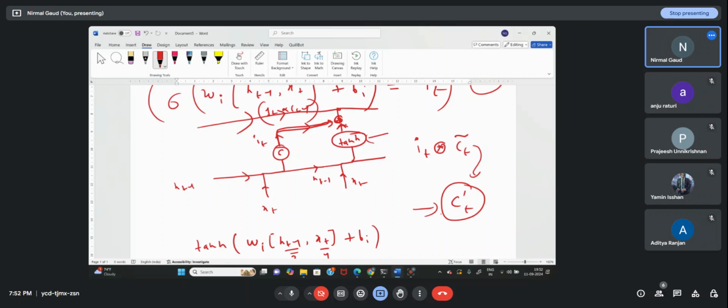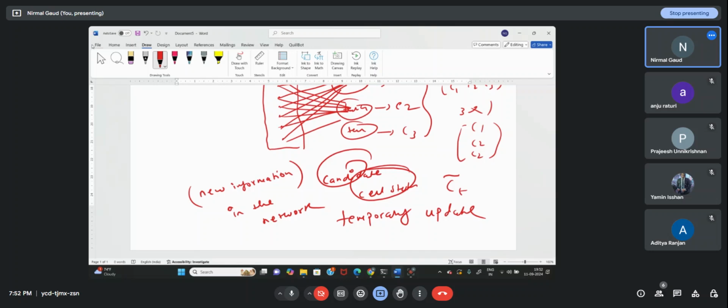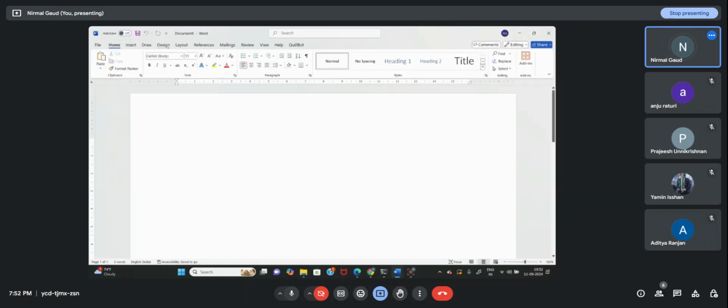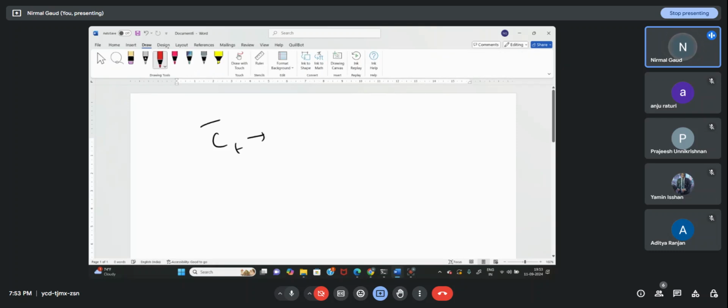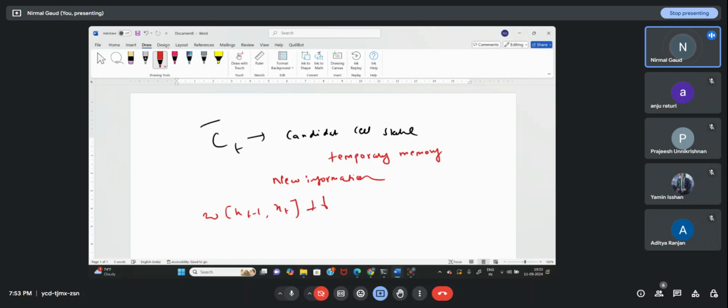So the one which you got, C dash t, that is the candidate cell state. That is temporary memory. It consists of new information. I took hidden ht minus 1, I took xt, weight, and the bias, and I applied tanh.